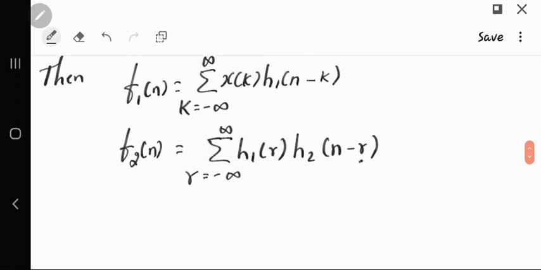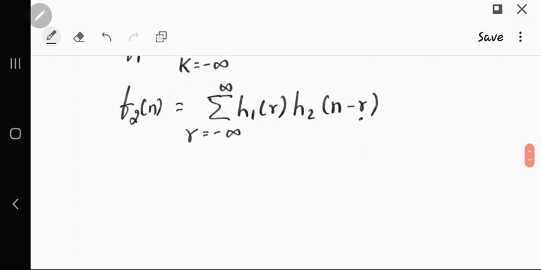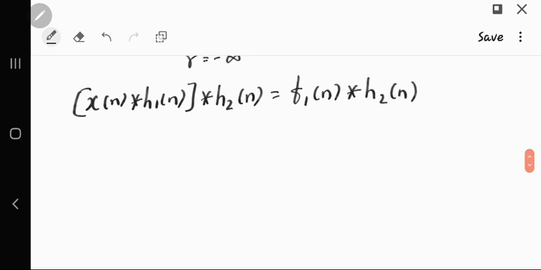Okay. So now we'll start with the left hand side of the equation, that is the statement of the associative property. So what does it say? x of n convolved with h1 of n, whole convolved with h2 of n, is equal to f1 of n convolved with h2 of n.